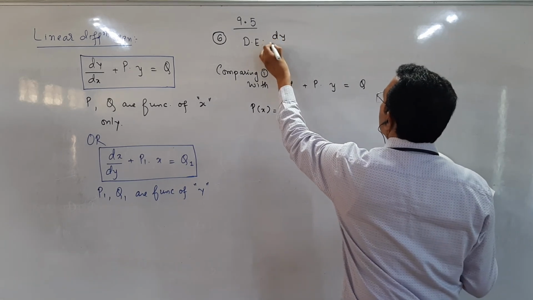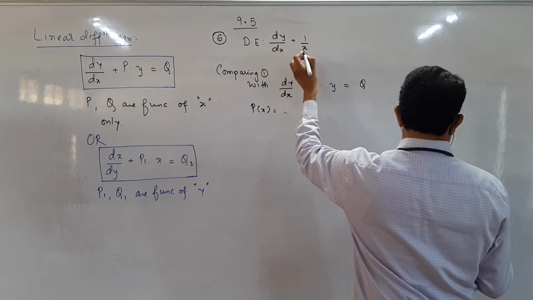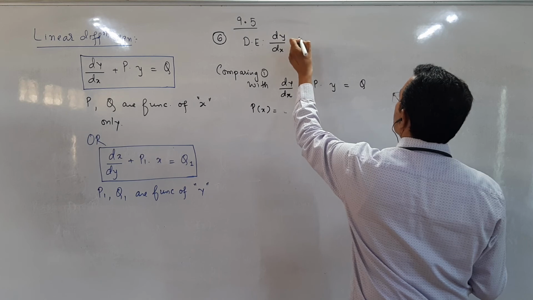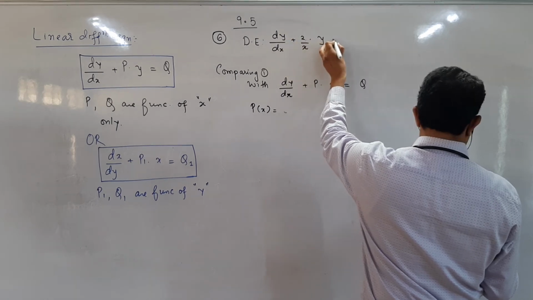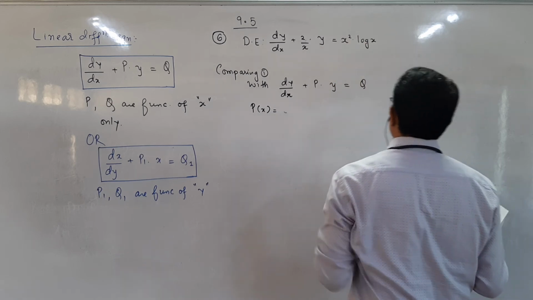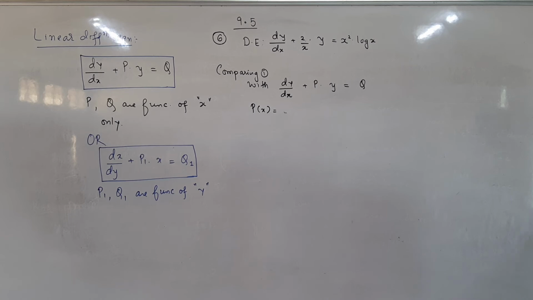So, dy by dx plus 2 by x into y is equal to x square into log x.